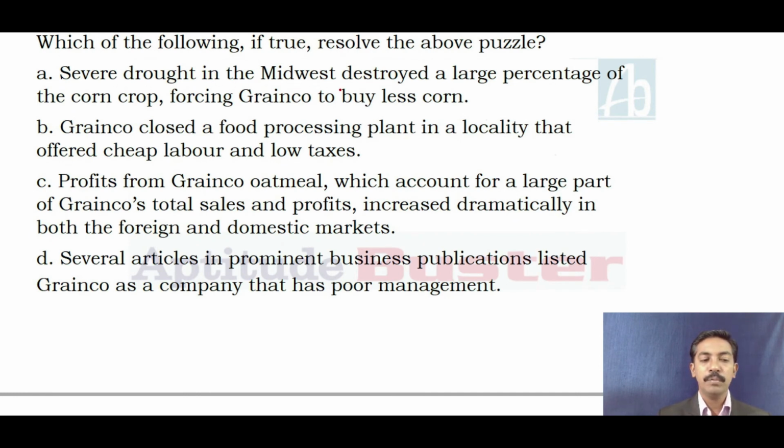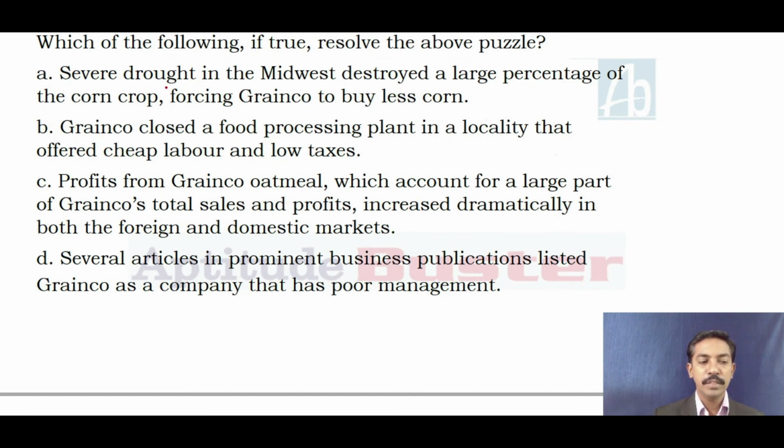Severe drought in the Midwest destroyed a large percentage of the corn crop, forcing Grainco to buy less corn. If you read option A, does option A resolve the puzzle? The puzzle is to explain the contradiction, how the value of the stock has gone up. Rather, it has stopped with just one segment.